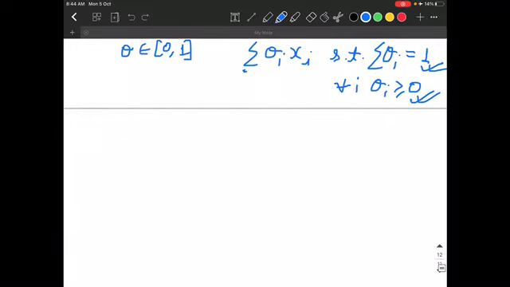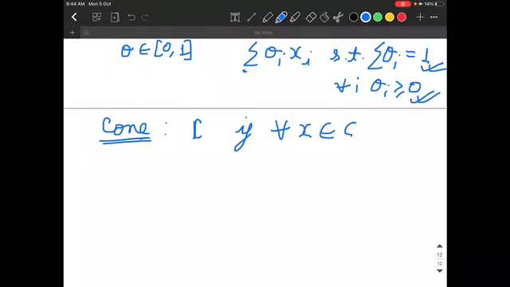But before that, I would also like to discuss what is a cone. Basically a set C is said to be a cone if for all points x belonging to C, alpha x also belongs to C for all alpha greater than or equal to 0.